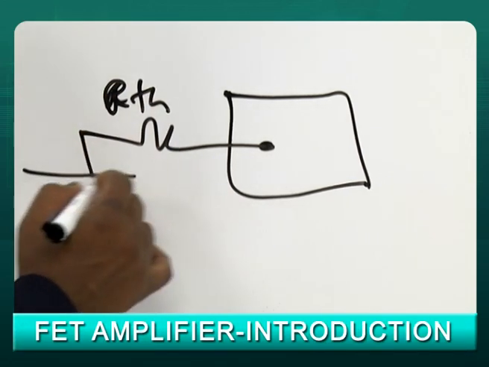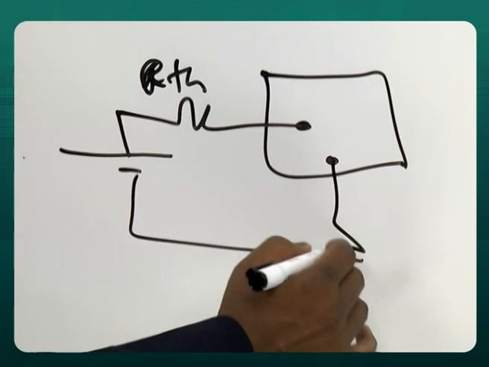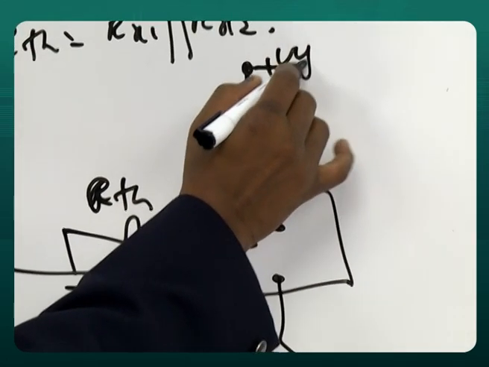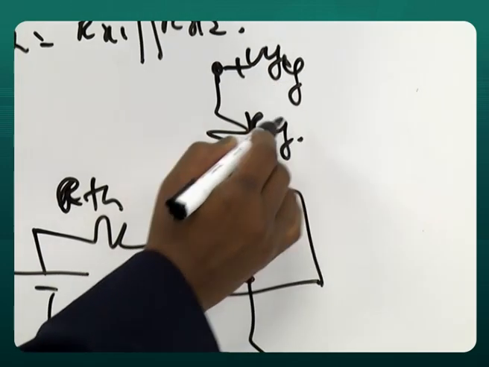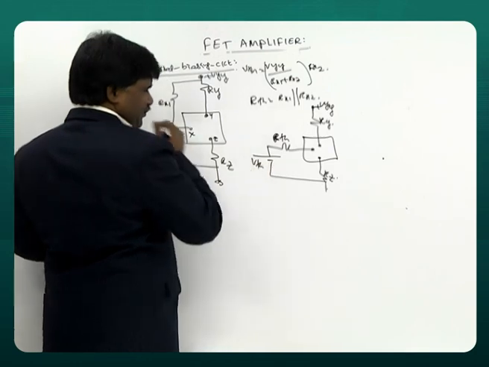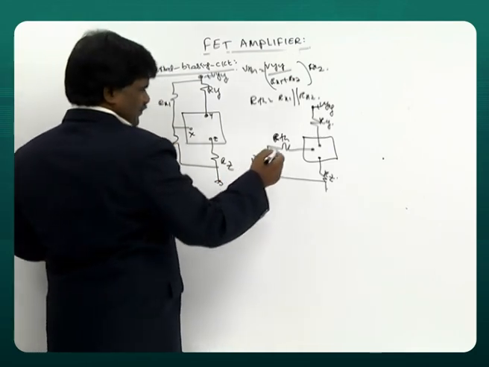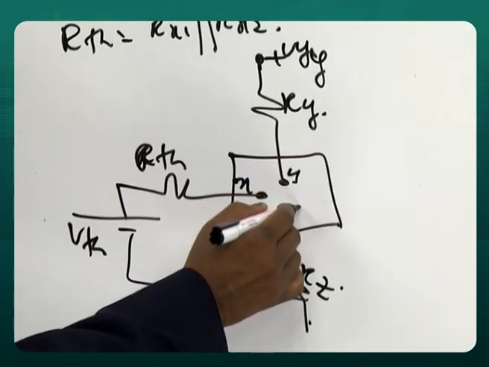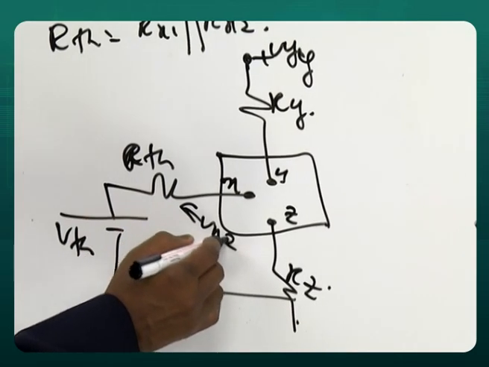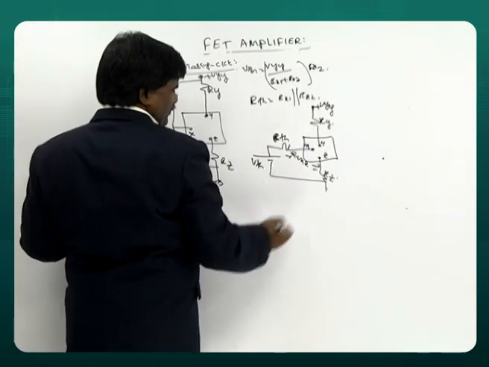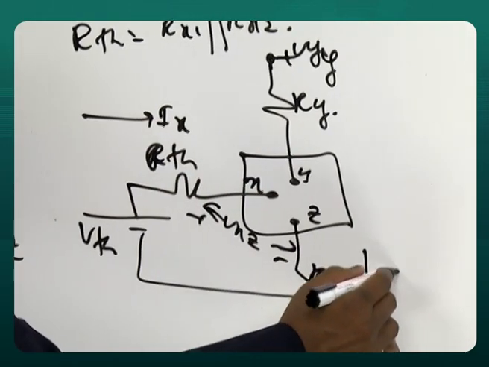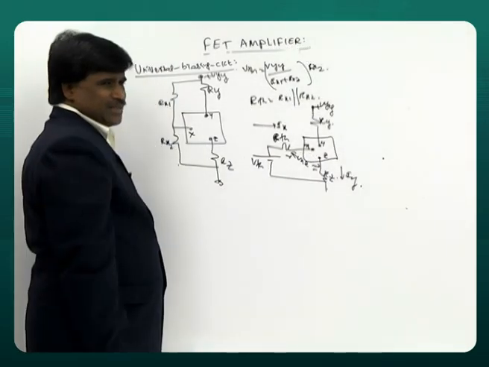R Thevenin, this is VYY, RY, RZ, V Thevenin. Call it as XYZ, VXZ, this is IX, this is IY.